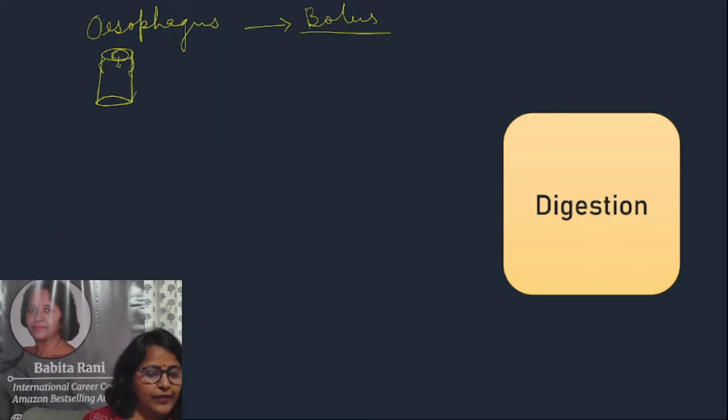When this part of the esophagus relaxes, the bolus that is present over here will be pushed to the next part of the esophagus, which will now contract. So, this is how food passes in the esophagus, and it is known as peristalsis.